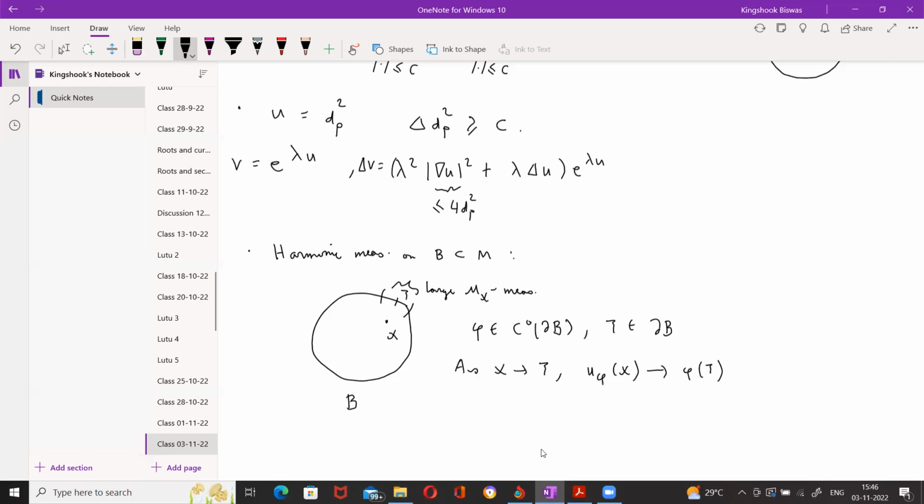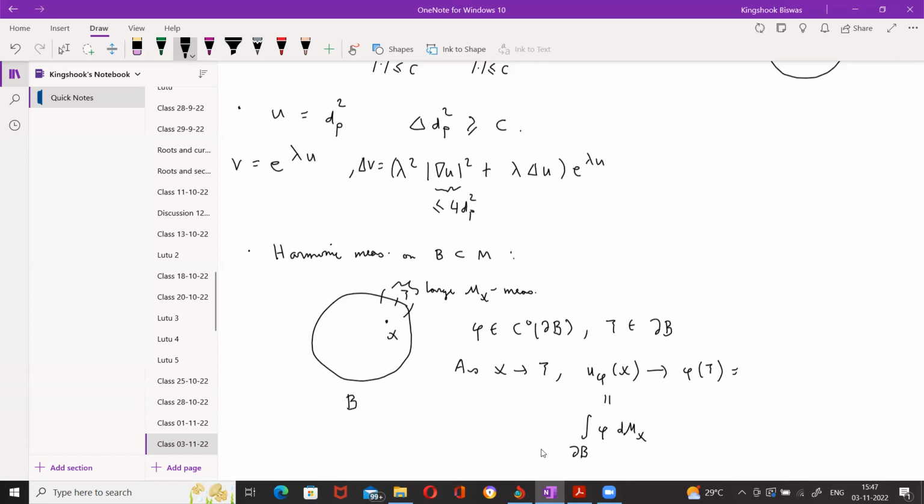But what is u_phi(X)? This is the integral of phi d mu_X. So that means the integral of phi d mu_X converges to phi(xi). What is this?